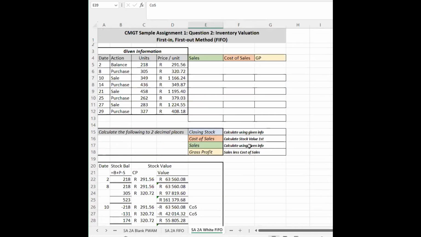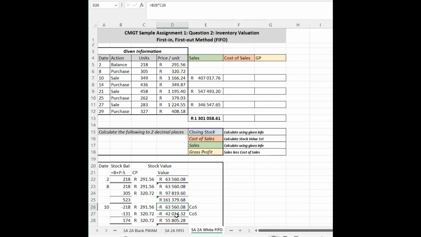Good. Now, it should not surprise you that the sales will stay exactly the same as it was when we were using the perpetual weighted average method, but now the cost of sale is going to change. How do we calculate the cost of sale? Well, on the 10th, we had these two amounts that we had to add for the cost of sale.